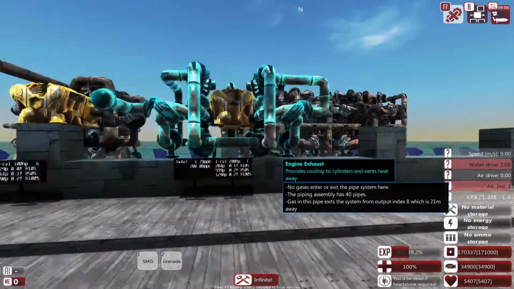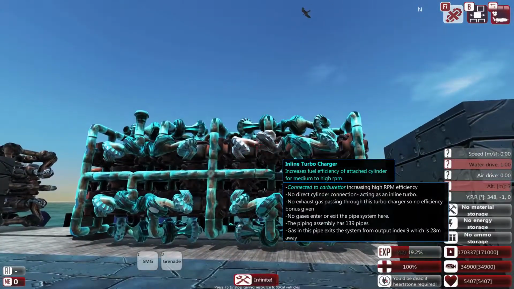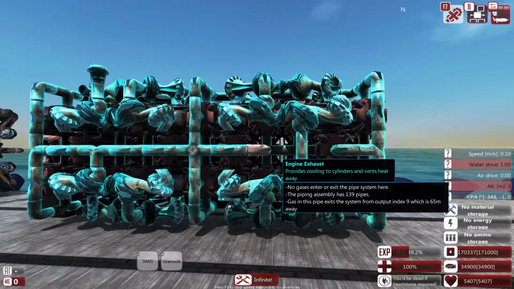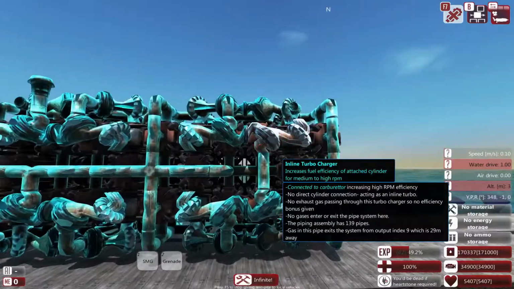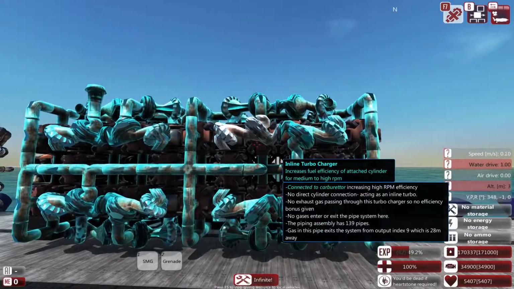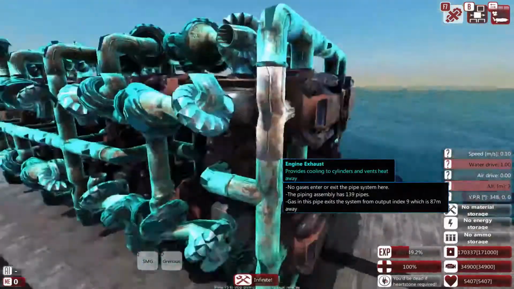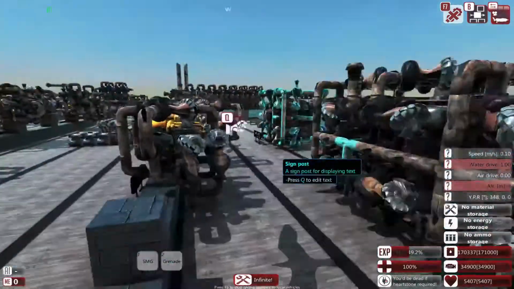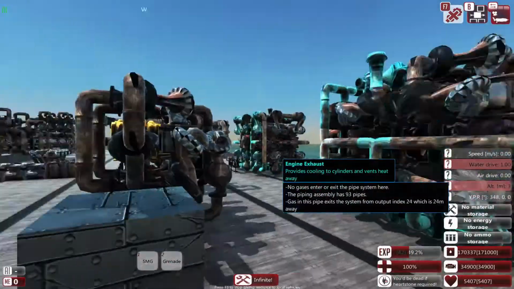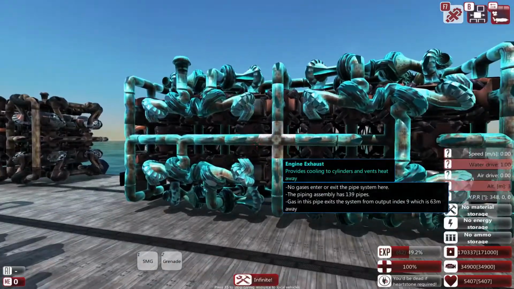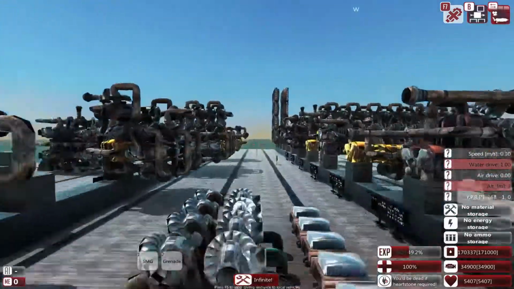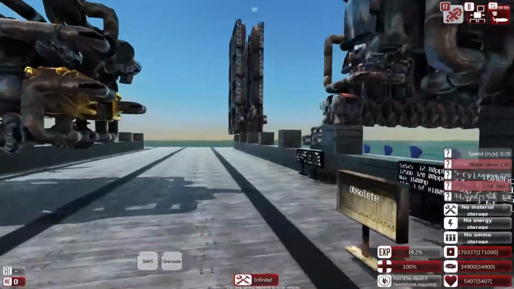I'm pretty sure if I took all these turbos off and threw a whole bunch of injectors on, the power would go through the roof and the density would go through the roof. But I don't care. I don't make inefficient motors.